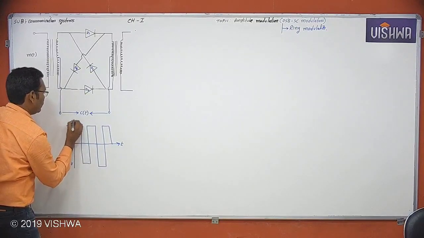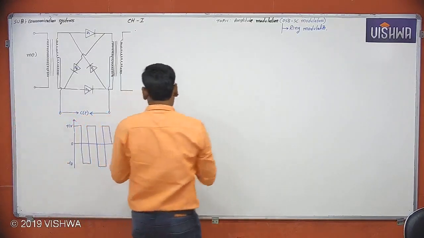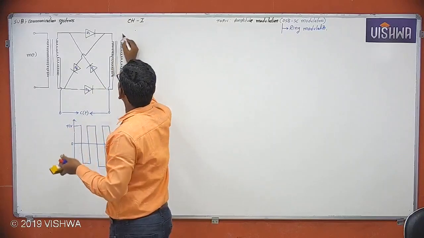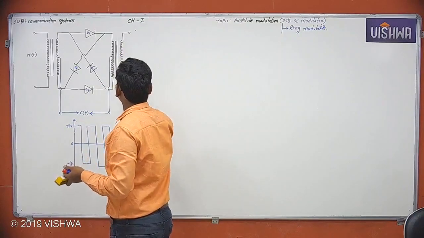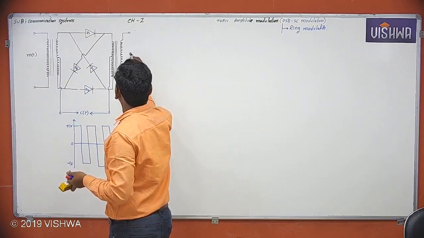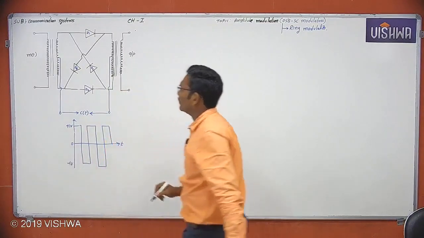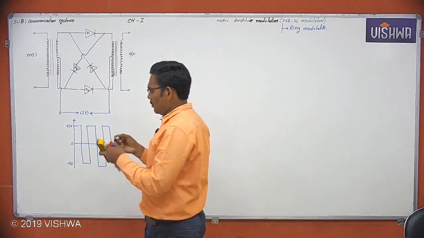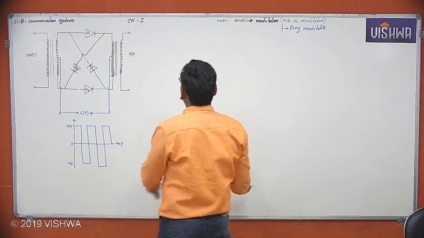Okay. Now we'll see the operation. Okay. And what should be the output here? What is the output? Okay. Now we'll see one by one case. Now I just take case 1.